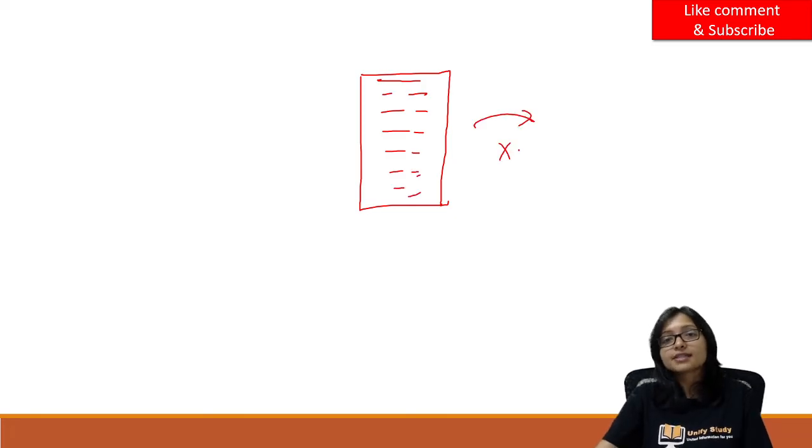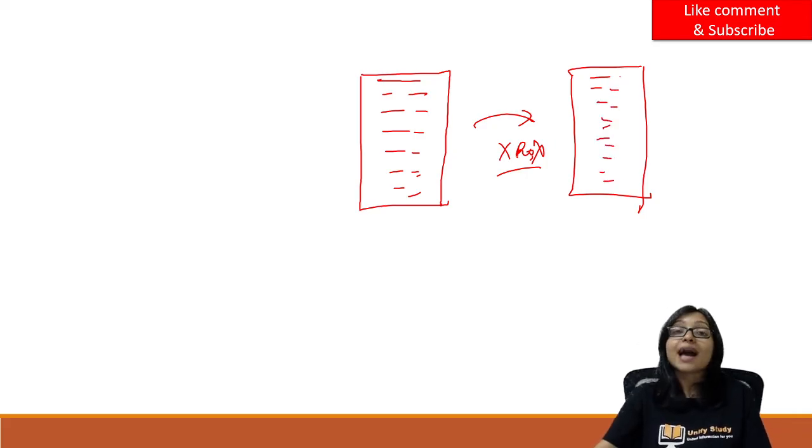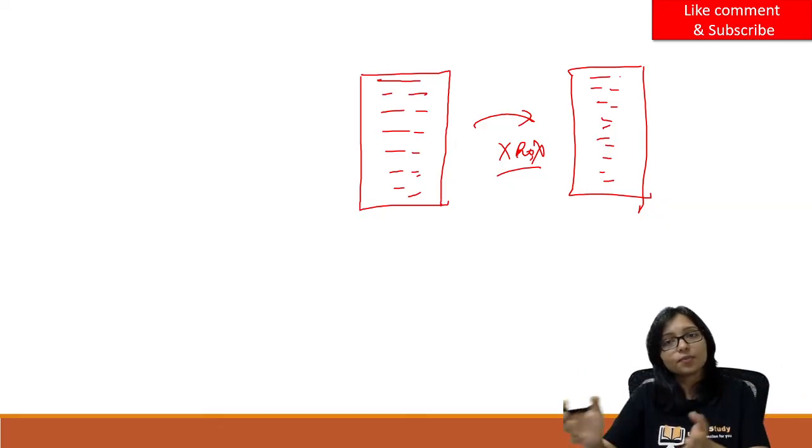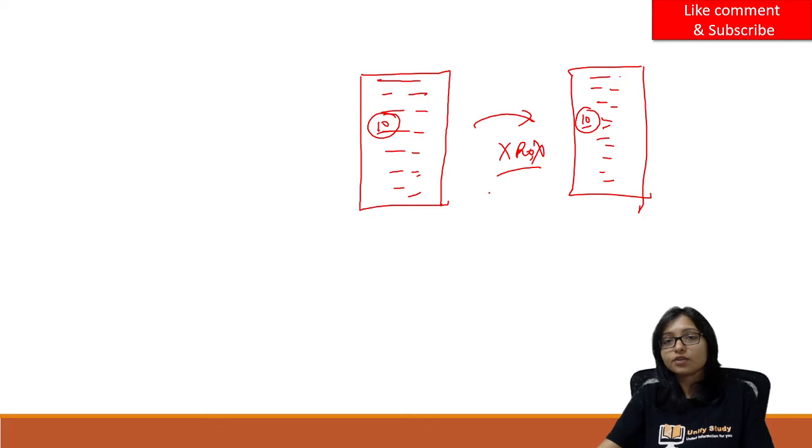Now you take a Xerox copy. Whenever you take the Xerox copy, the same thing will come here. Right? So the size of the page will be the same. If I want line number 10 here, in the Xerox copy also line number 10 will be there.